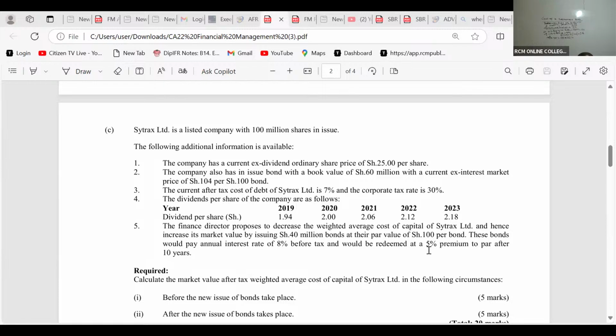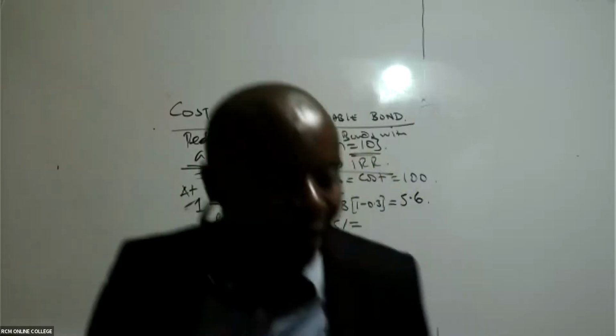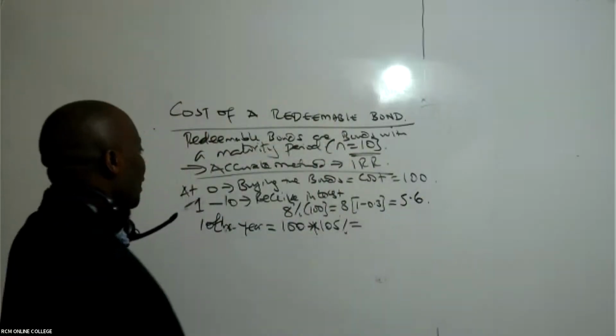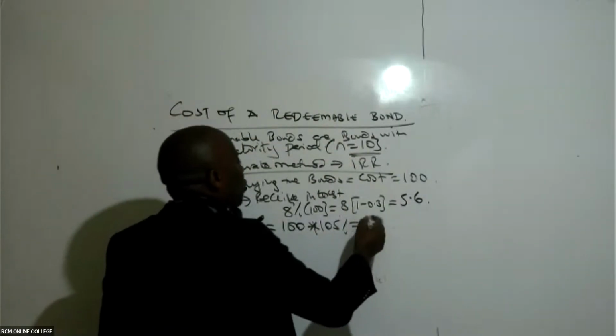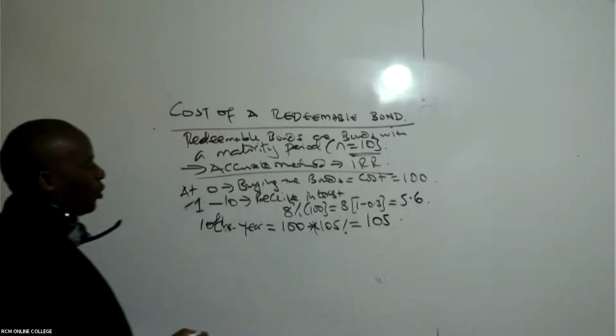So the redemption value will be 100 times 1.05. So it means, ladies and gentlemen, that in this particular case, on redemption, I will get 105.